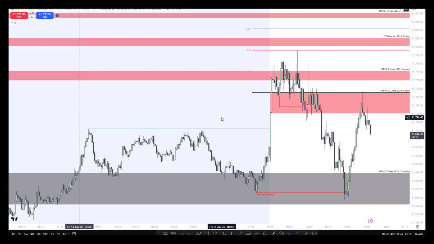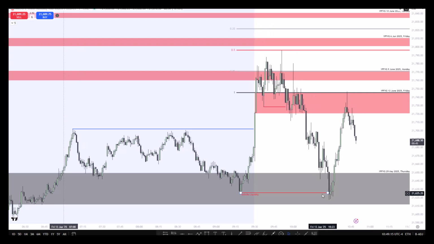And what is ICT always saying? The liquidity that gets purged first, that's usually the wrong direction. The market usually goes the opposite way. So the next logical liquidity was the sell side. This low at 9:19. So all the way from here, from the news, all the way down.